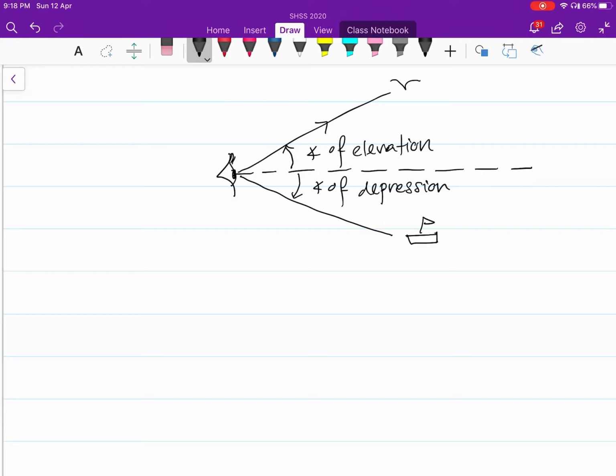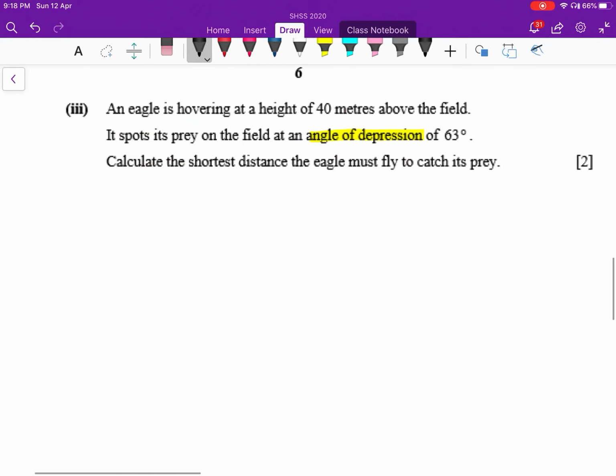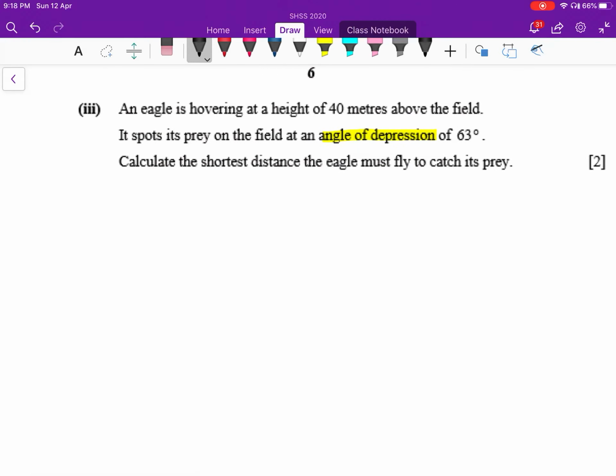Now, obviously, this question is talking about an eagle which is above the field. So I'm going to draw a side view of what is happening. Let's say this is a point on the field. And the eagle is flying 40 meters above the field. It spots its prey on the field at an angle of depression of 63. Now, the eagle is here.